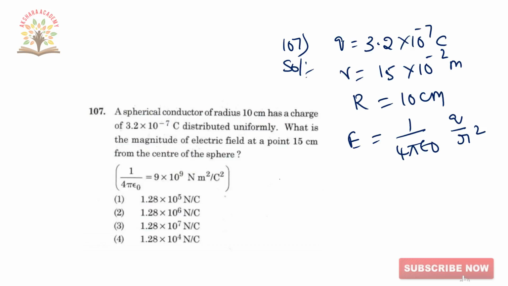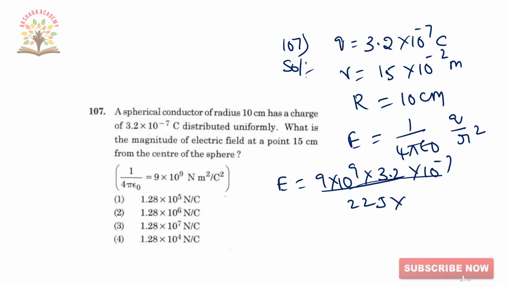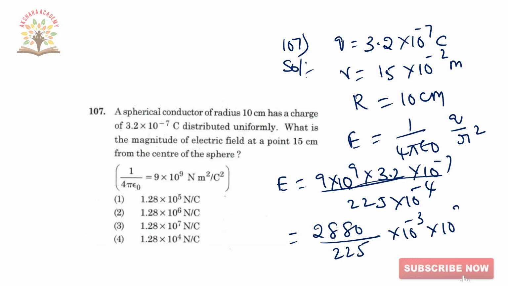Substituting values, E is equal to 9 into 10 to the power of 9 into 3.2 into 10 to the power of minus 7 by 225 into 10 to the power of minus 4. So the final answer, we are getting 2880 by 225 into 10 to the power of minus 3 into 10 to the power of 9. At last we get the answer 1.28 into 10 to the power of 5 Newton per Coulomb. So the first option is the correct option.